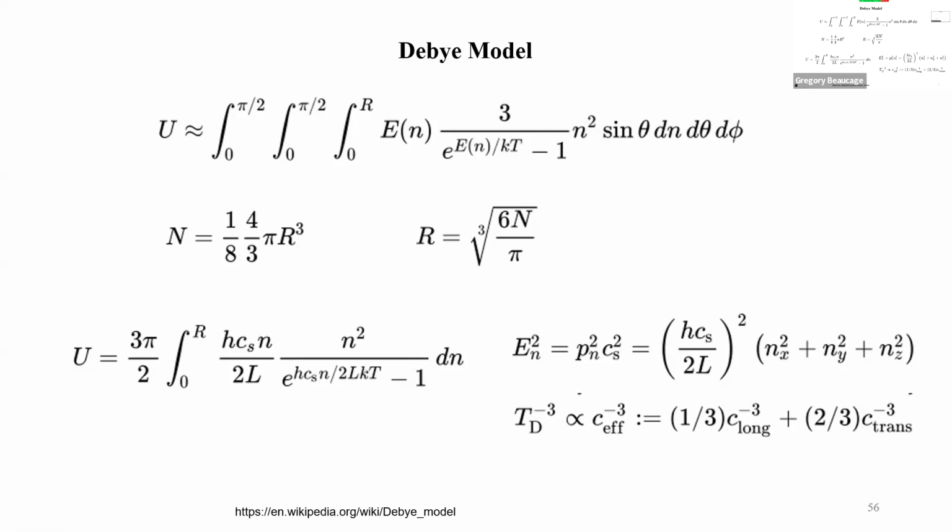So h nu is hc over lambda. Let's see. Yeah. So if you convert nu to lambda, you end up with the speed of sound, cs by lambda. So he ends up with this cs by L as the unit cell parameter. So anyway, he gets the energy is h nu by 2L.